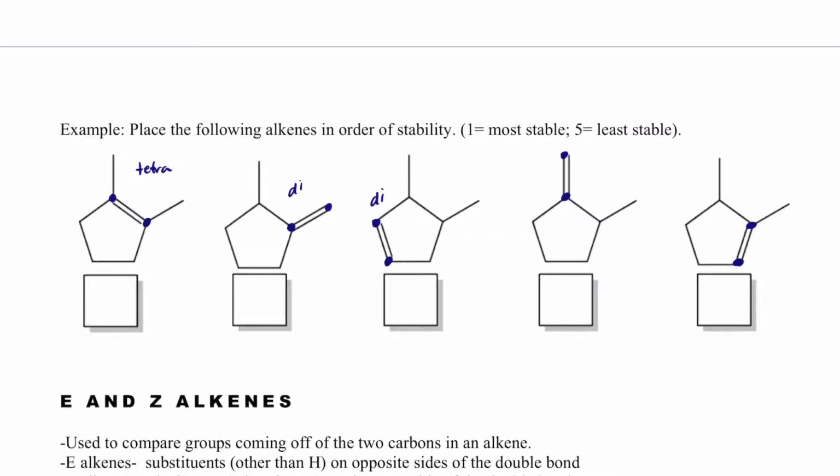This fourth one is di. And this 5th one is tri. So I think this guy's 1, this guy is 2. All of these are di, so I think the internal one will be 3, and then let's just call them both 4, or 4/5, whatever you want to label it as.